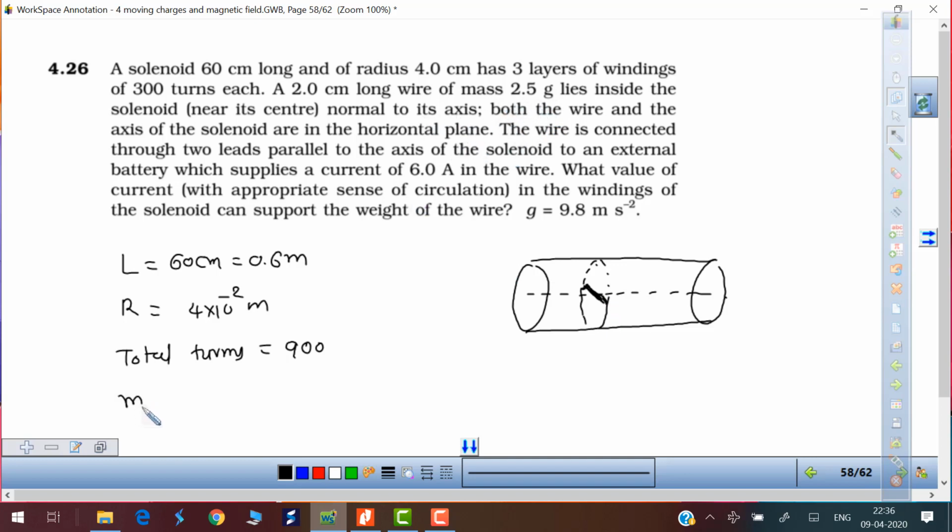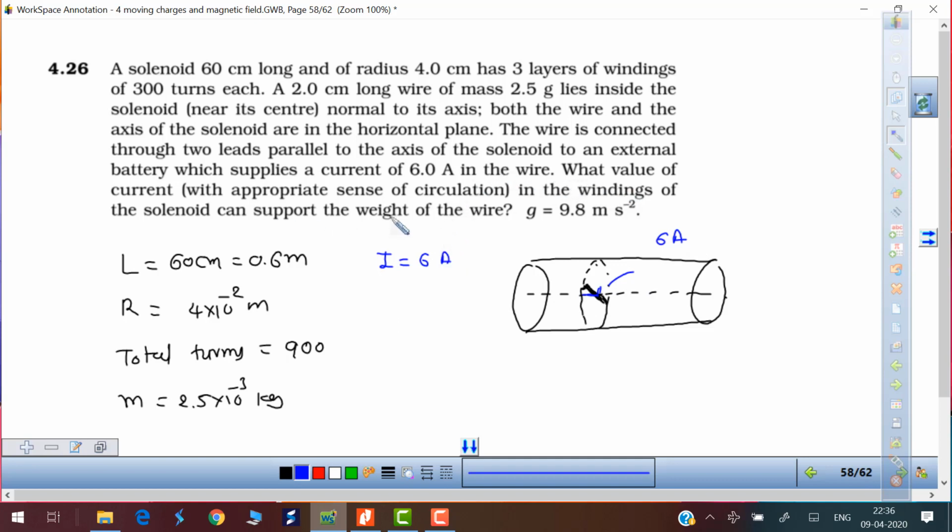The mass of the wire is 2.5 grams, so I write it in kilograms. Inside the solenoid, normal to the axis, both the wire and the axis of the solenoid are in the horizontal plane. The wire is connected through 2 leads parallel to the axis of the solenoid to an external battery which applies a current of 6 ampere. So I is equal to 6 ampere.